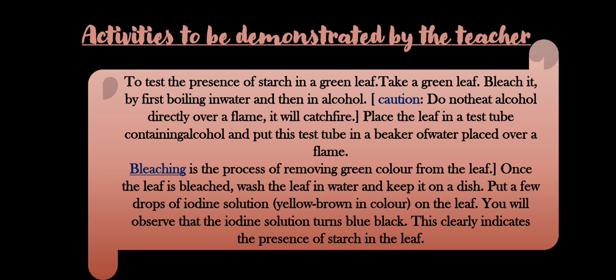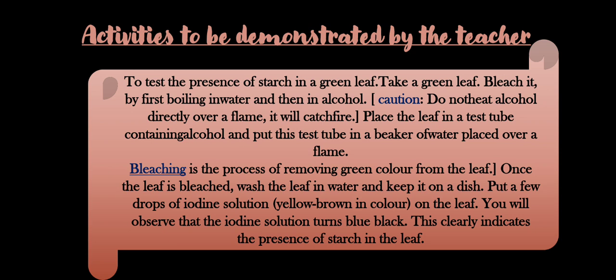Bleaching. What is bleaching? Bleaching is the process of removing green color from the leaf. As we know, all leaves have green color, and why? Due to the presence of chlorophyll. Once the leaf is bleached, wash the leaf in water and keep it on a dish.